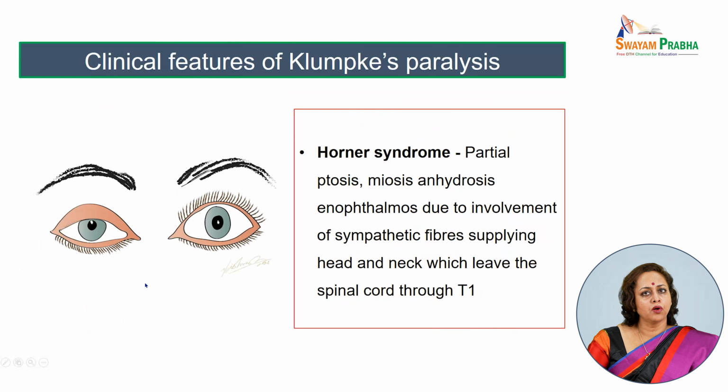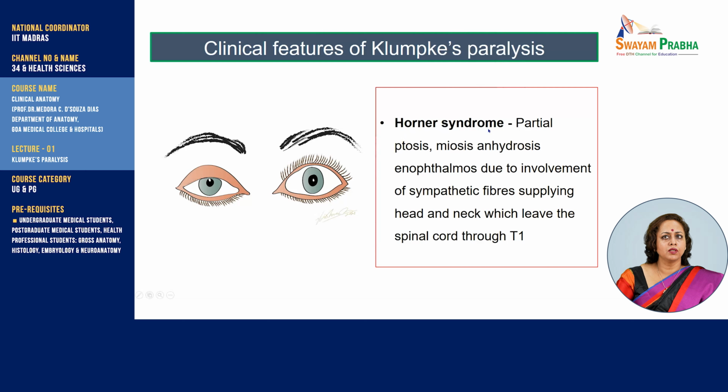Then you also get Horner's syndrome in Klumpke's paralysis. Why? Again, because of the sympathetic activity which is lost. The sympathetic fibers supplying the head and neck leave the spinal cord through T1 and cause Horner's syndrome because they are now paralyzed. So you will get partial ptosis, as you can see here on the right side. There is drooping of the upper eyelid.